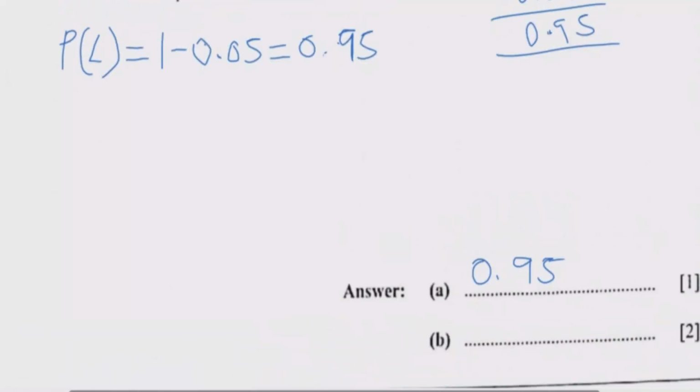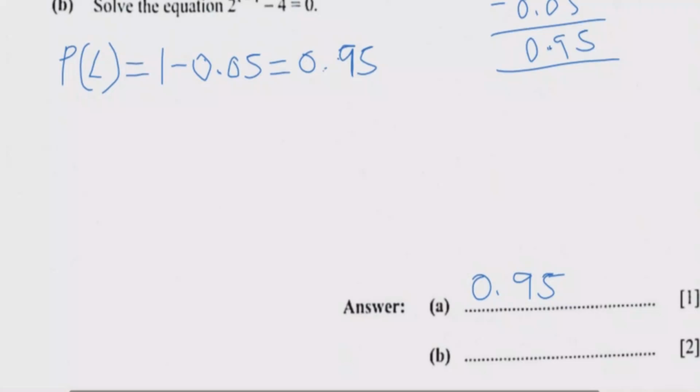Okay, now let's go to question B, which is: solve the equation 2 raised to the power of x minus 1, minus 4, is equal to 0. To solve this one, I'm going to write the expression.